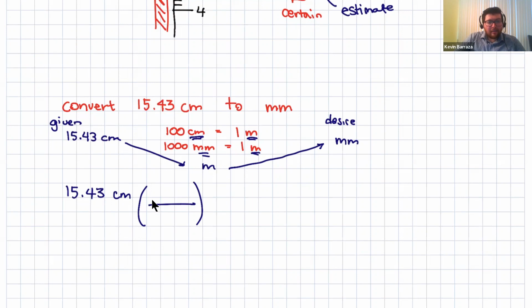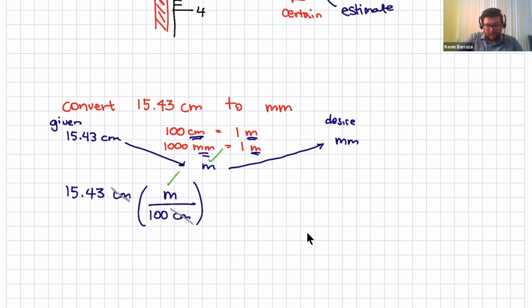So in order to do that, top and bottom of a fraction will cause canceling to happen. I want to get rid of centimeter to make meter. So I'm going to put 100 centimeters is 1 meter. That's going to cause centi to cancel, giving me meters, which is sort of the in-between step in my flow chart.